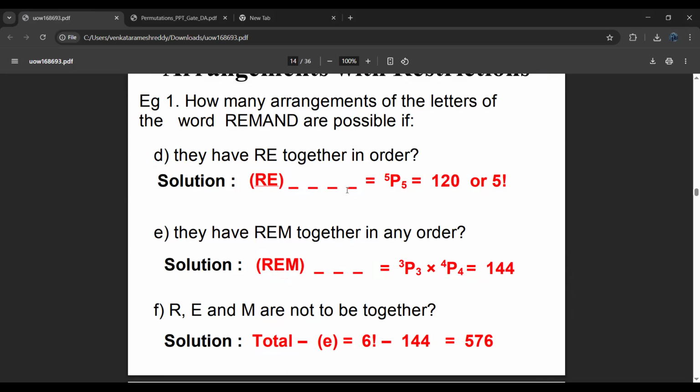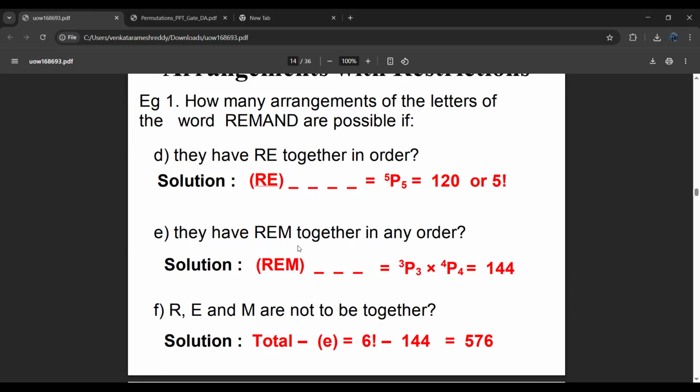They are asking in how many ways we can arrange the word in these 5. We can arrange this in 5P5 ways because RE is treated as one single unit. That's why it is 1, 2, 3, 4, 5. In how many ways can we arrange these letters? 5P5 ways or 5 factorial ways.